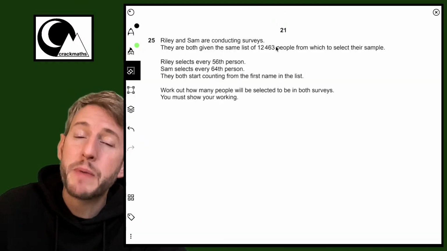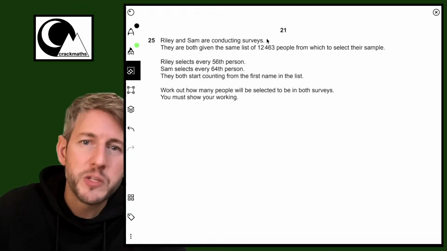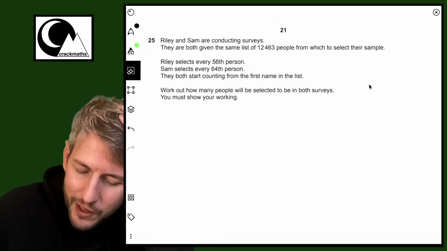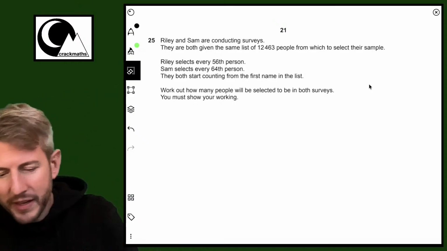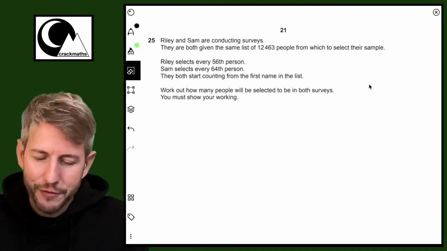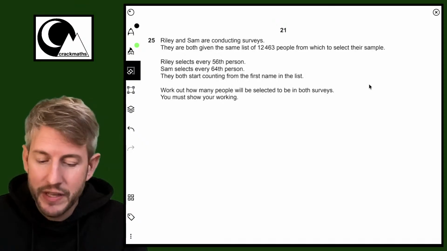And how many of these people that are being selected twice will be selected out of the 12,463 people? So we need to know how many common multiples they have within this.